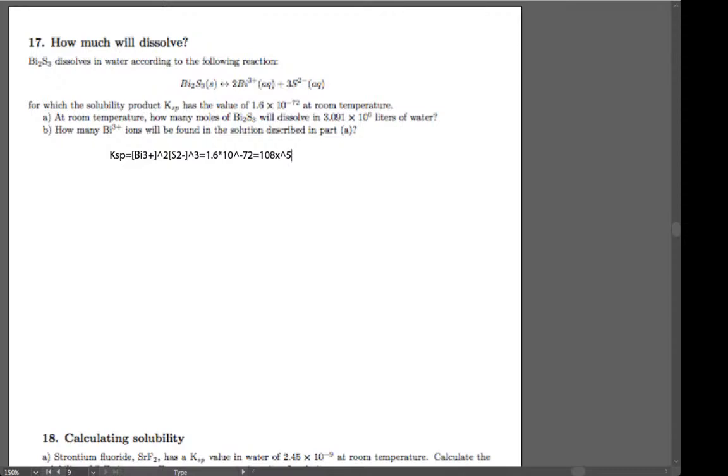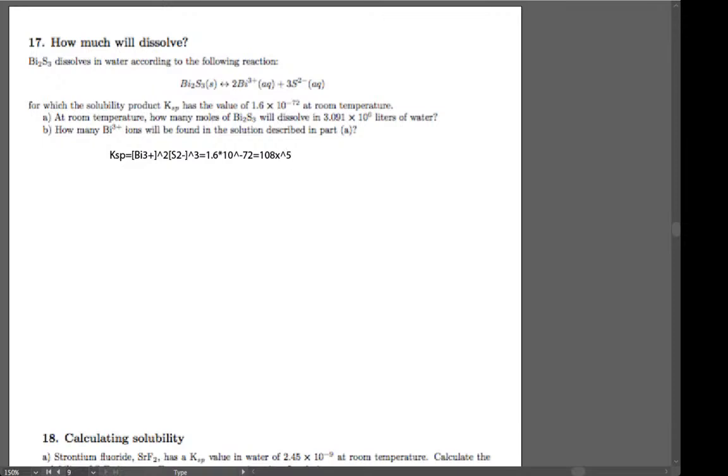What's the x? With this I can find out how much of it dissolves. It's solvable, because if you just put an x inside, that would be the concentration of Bi2S3.